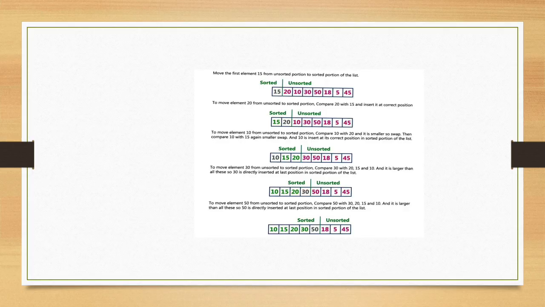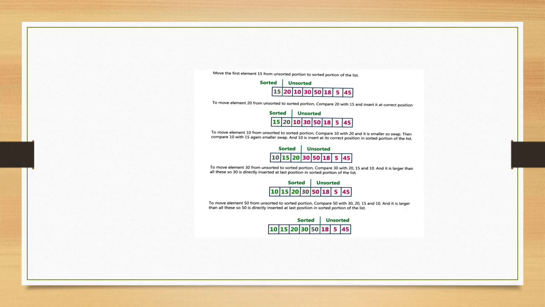To move element 5 from unsorted to sorted, compare 5 with its left elements: 50, 30, 20, 18, 15 and 10. Here 5 is smaller than all the elements on its left side, so move 10, 15, 18, 20, 30 and 50 one position to the right and insert 5 at the first position in the sorted list.